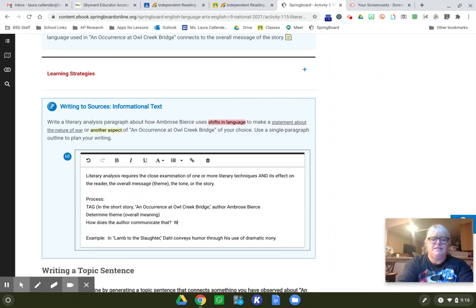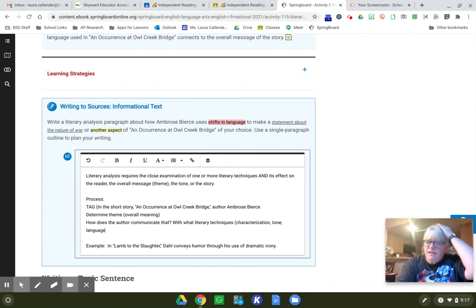And again, be specific with what literary techniques. And I'm going to put a few possibilities in here. Characterization, tone. Tone's an important one. Language. So that could be the shifts of language if you wanted to write about that.